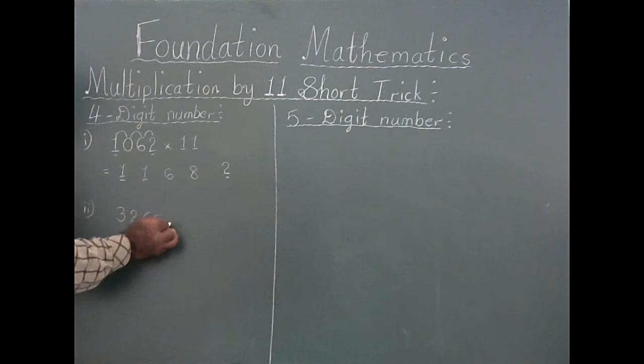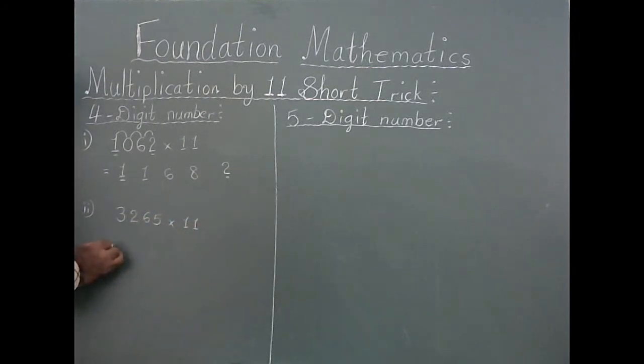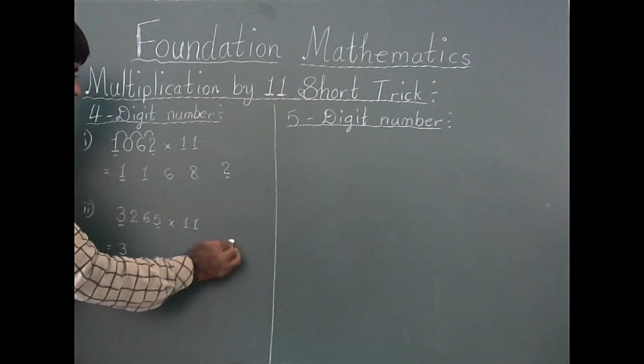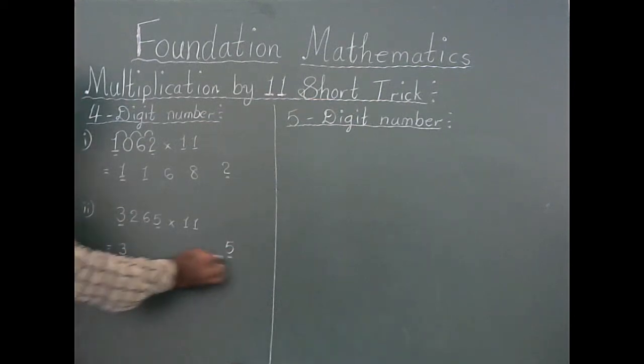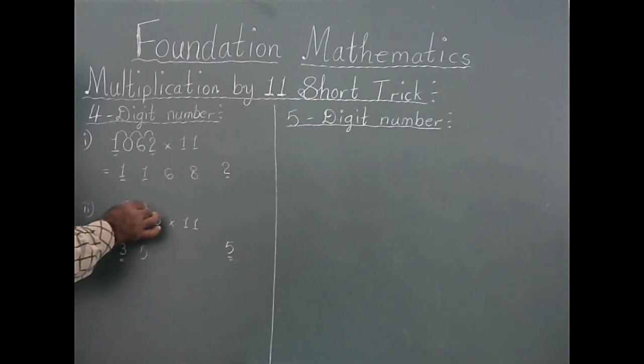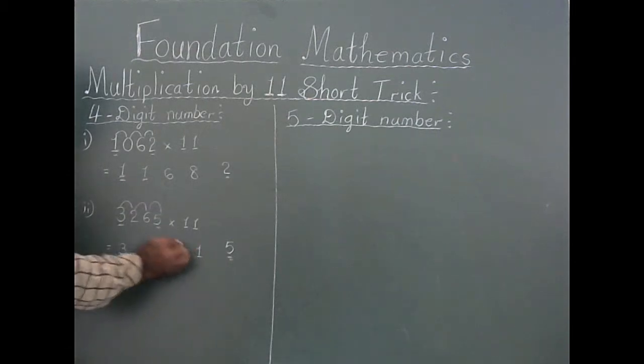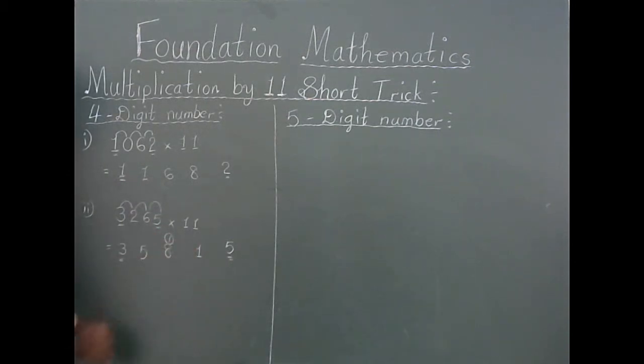The second problem, 3265 multiplied by 11. The first and last digits as it is I am writing. 3 plus 2 equals 5. 2 plus 6 equals 8. 6 plus 5 equals 11. 1 carries to 8.